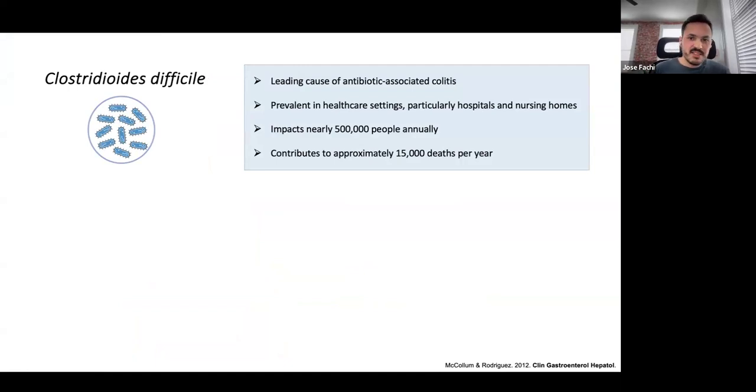And it's causing many infections in healthcare settings because people go there for treating another disease, like, I don't know, pneumonia, another infection, and they get antibiotics for the treatment of this infection, and then they acquire C. diff, and then they start having this antibiotic-associated C. diff infection. It's a very strong disease, affects millions of people worldwide, and the death rate is very high. So a lot of people die yearly because of this infection.